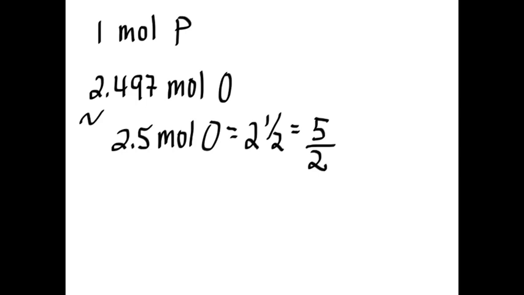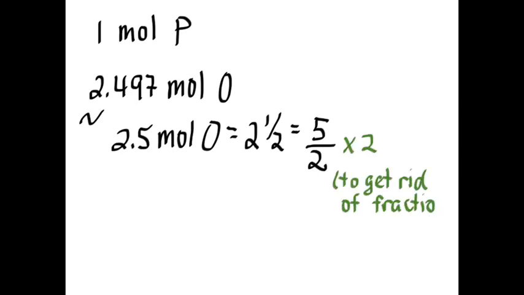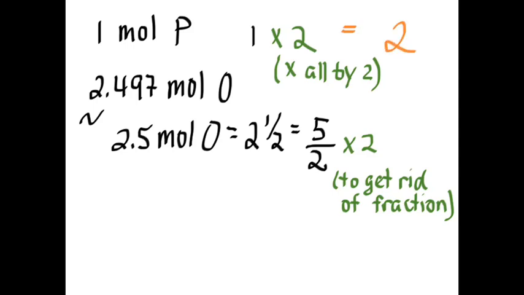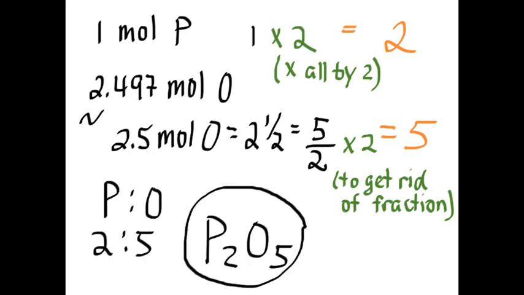You need to get rid of that 2 in the denominator. To do that, you're going to multiply by 2. If you multiply one value by 2, you have to multiply the other one by 2. So you end up having 2 phosphorus for every 5 oxygen. There's your ratio. Here's how you write it.